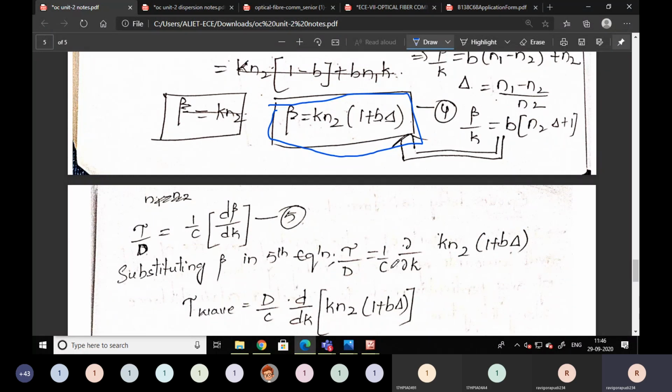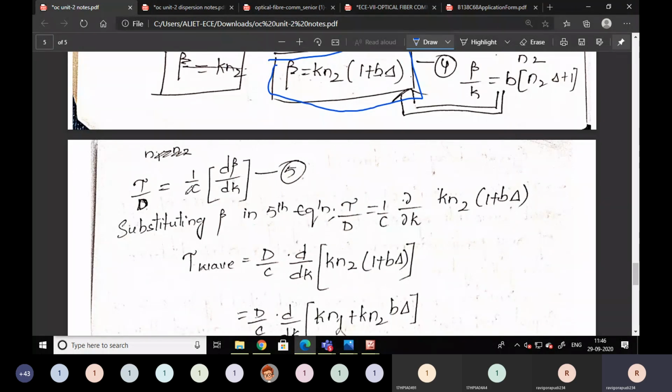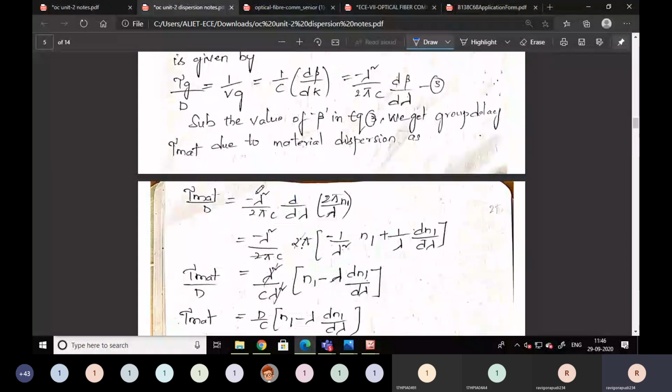Up to k, up to beta I can write. Then from the group delay, tau by d is equal to 1 by c into d beta by dk. Okay, so we know that group delay expression.